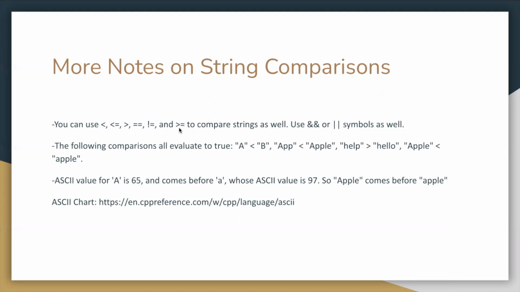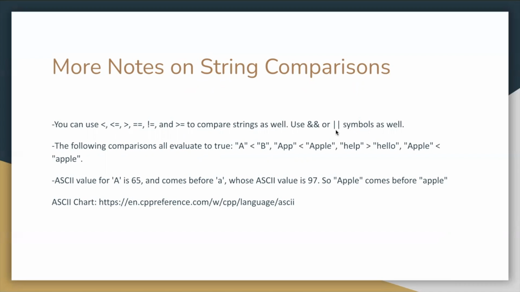But the new thing to note is that you can use something called and or symbols to actually help with multiple comparisons. So if you're checking for 2 ints being equal to each other and for 2 strings to be equal to each other, then you would use this and.